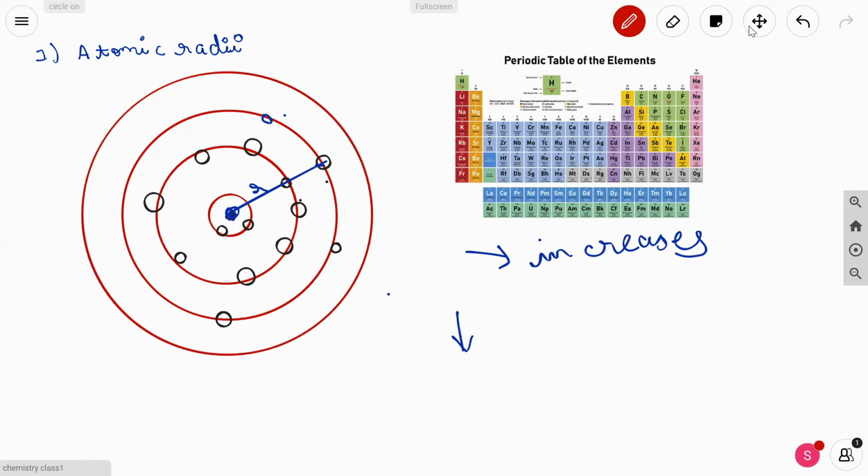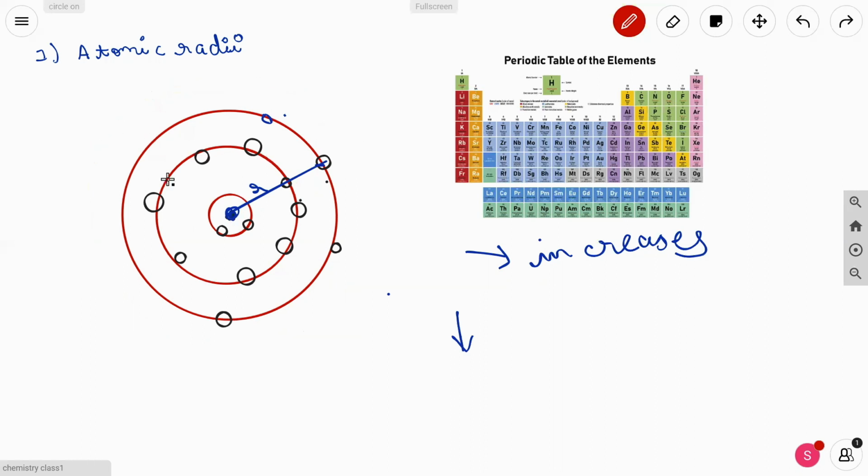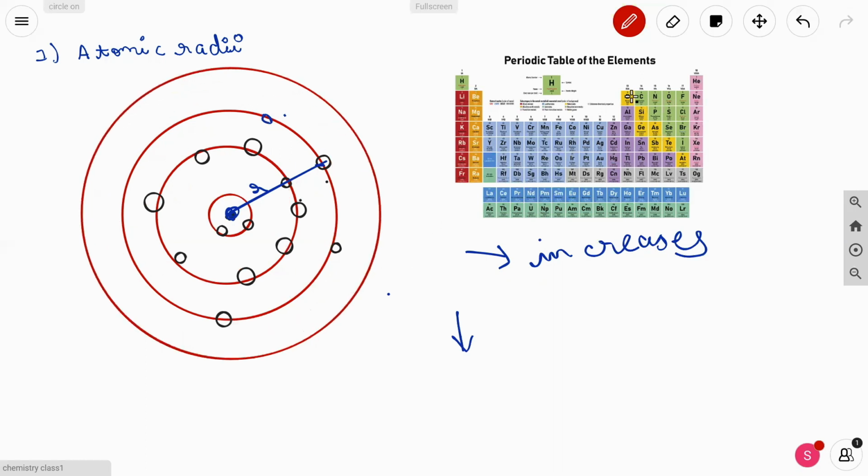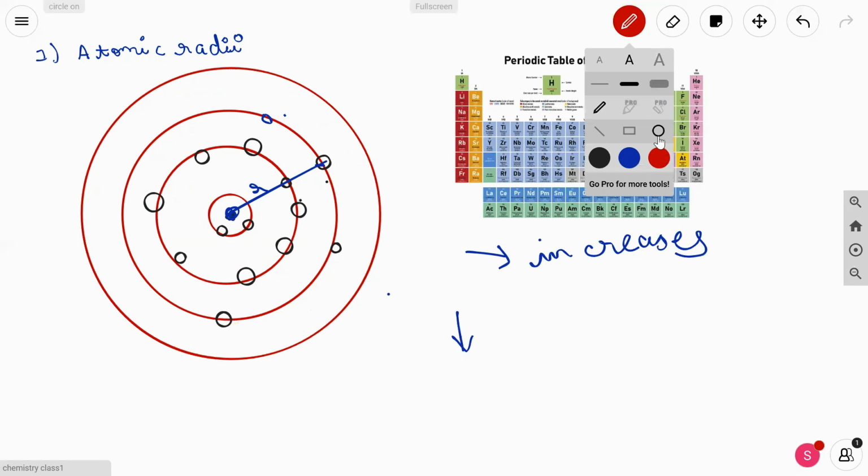You can say, okay, but when we're going down, won't the nuclear charge also increase? Yes, nuclear charge does increase. There's no denial of that. But as we just saw, the force is k Q1 Q2 by r square, so it's proportional to 1 by r square.